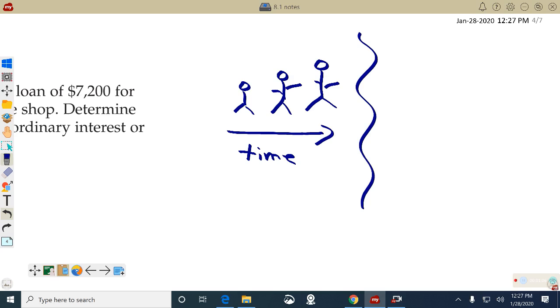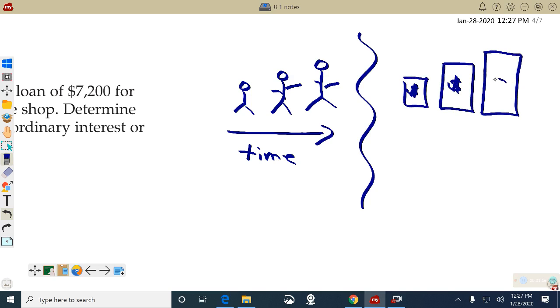In the same way, when we talk about maturity with a loan, if someone takes a loan out for a certain amount of money, I'll put a cash sign right there. As time moves on, that person is going to have to pay more than what was borrowed. So the maturity of a loan is not only what that person borrowed, but the interest that the bank tacked onto that amount borrowed.